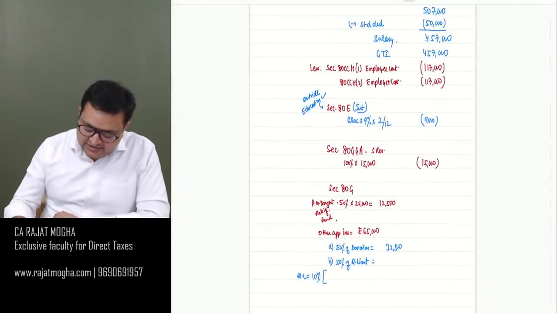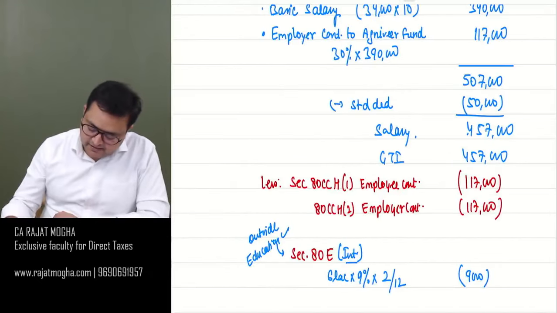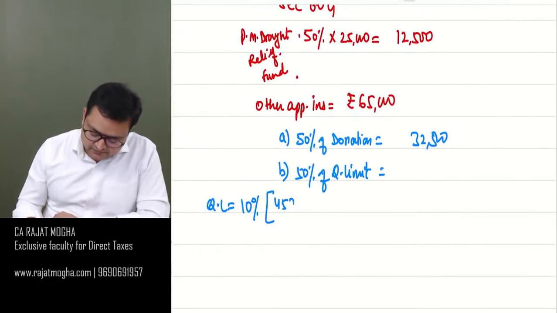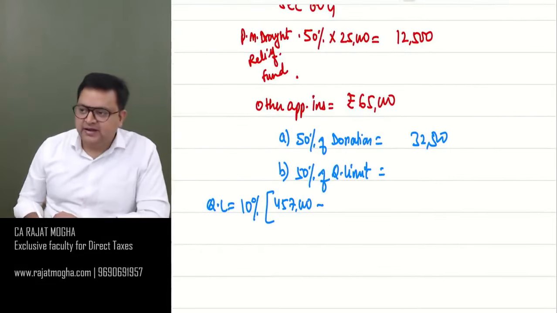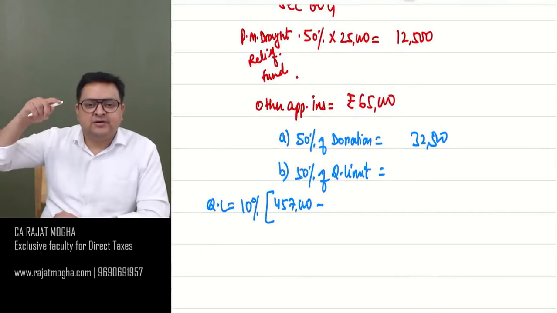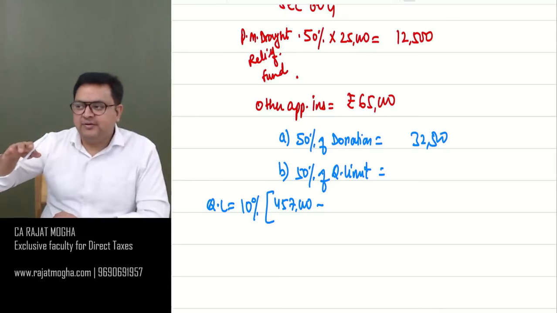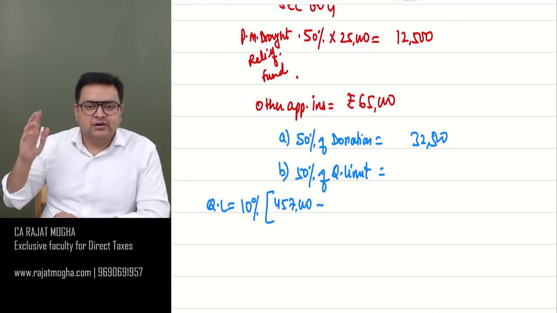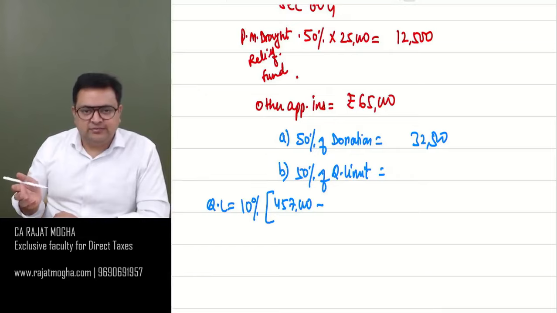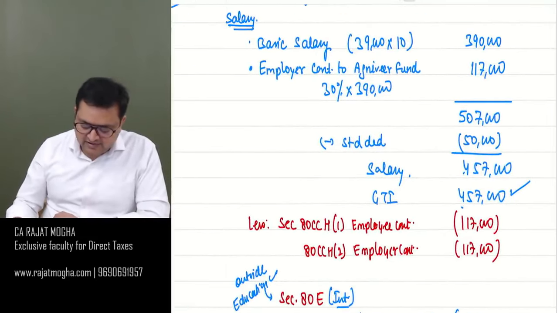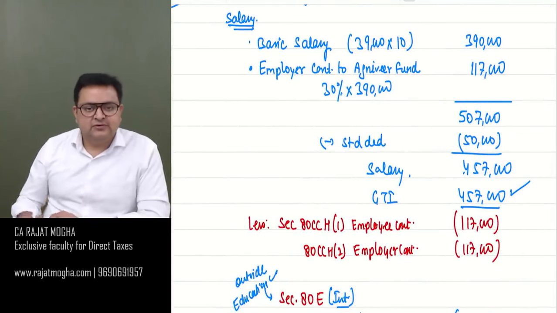Adjusted GTI is my GTI, 4,57,000, minus 111A short-term capital gain on equity shares, 112A long-term capital gain on equity shares, or 112, that is other long-term gains. Although in this question, we don't have any of them, because everything is coming from salary.